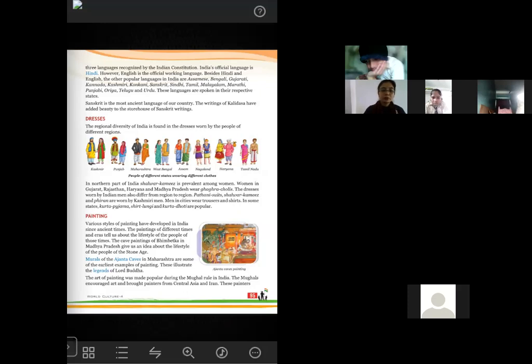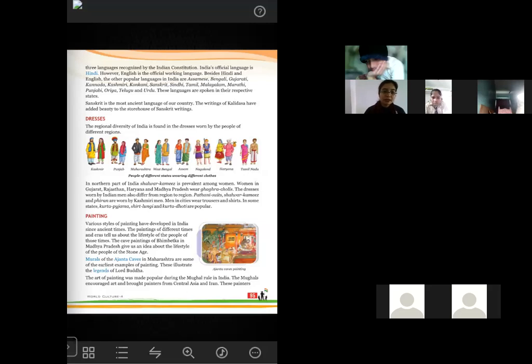Now students, you look here, look at this part. In the last class, I told you about the dresses that people living in different parts of India wear, the different kinds of dresses. Now I will tell you about the paintings of different parts of India. Various types of paintings have developed in India since ancient times.